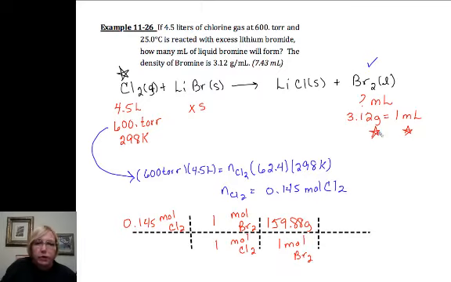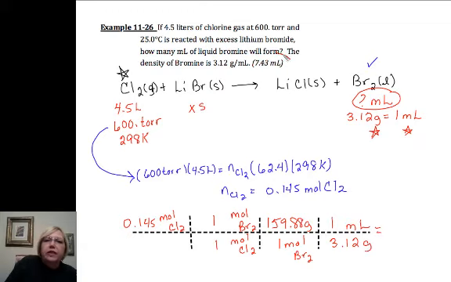And now we only have one more step. All we need to do is use the density to get to milliliters. So the density tells me that for every 1 milliliter I will have a mass of 3.12 grams. And if you do that algebra, you should get 7.43 milliliters.